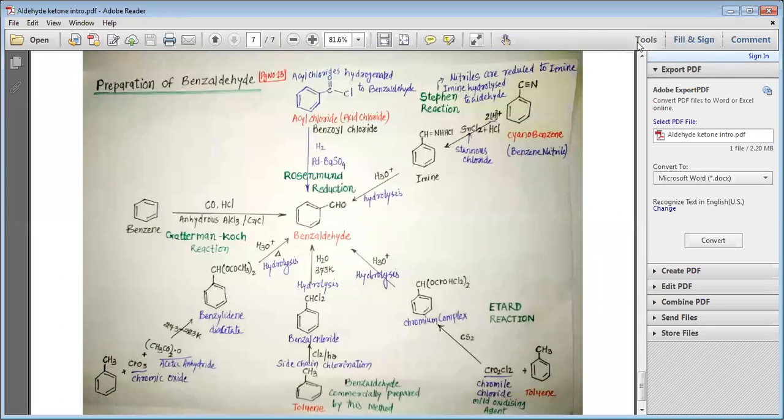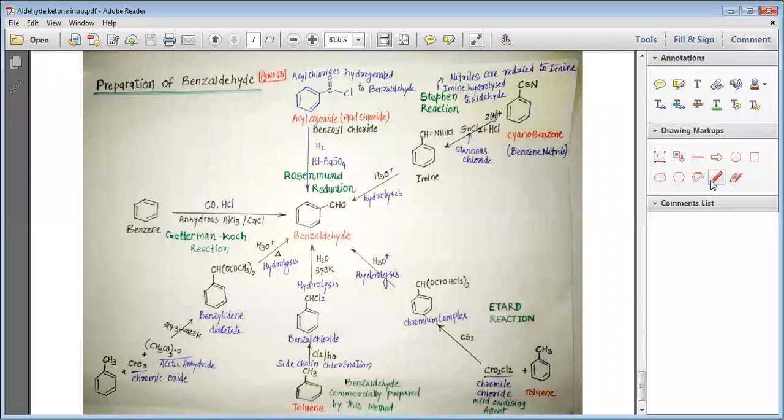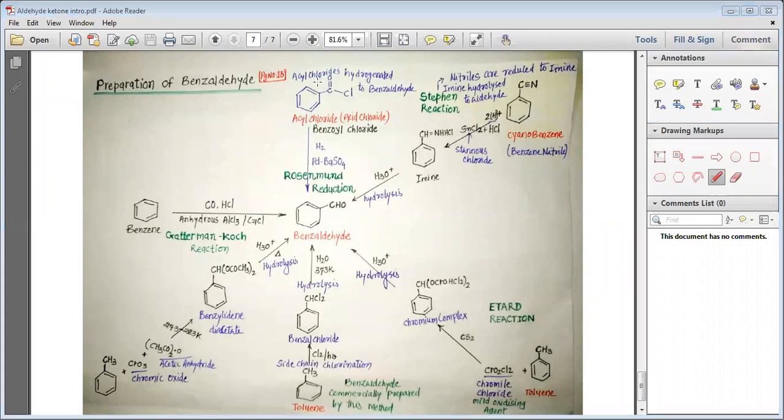So here we use the benzoyl chloride. Benzoyl chloride or acid chloride is hydrogenated to benzaldehyde in the presence of palladium and BaSO4 catalyst.